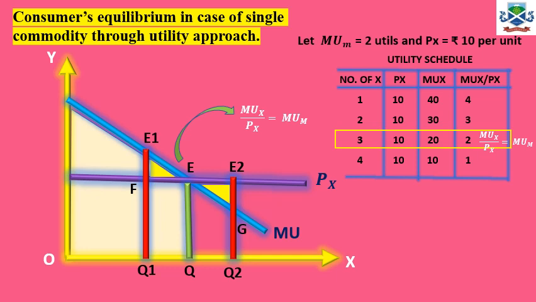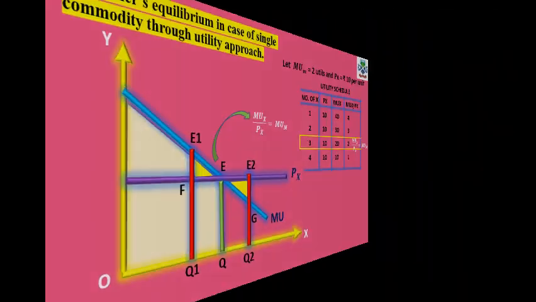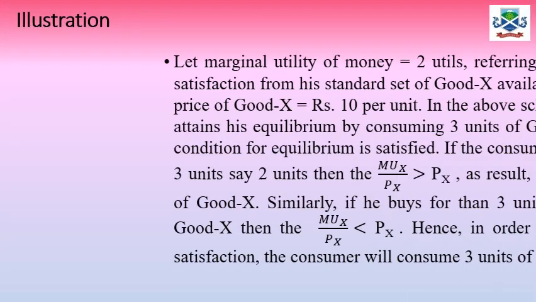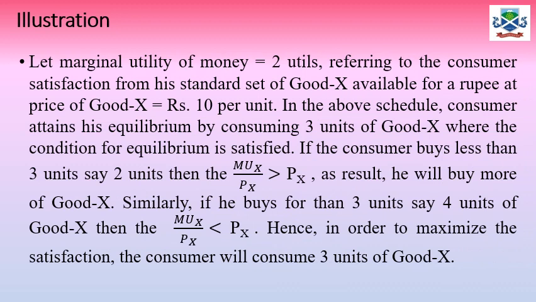So I hope you understood this diagram and schedule of consumer equilibrium in case of a single commodity. The one which I have illustrated in the curve is illustrated over here the same way.